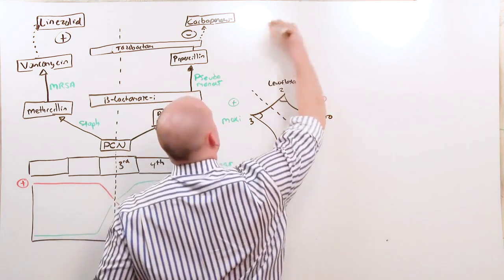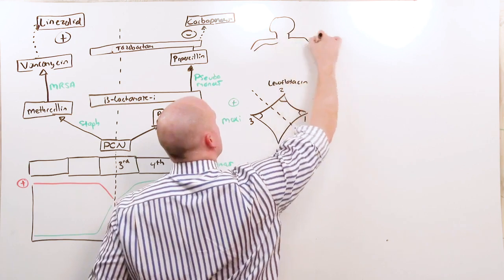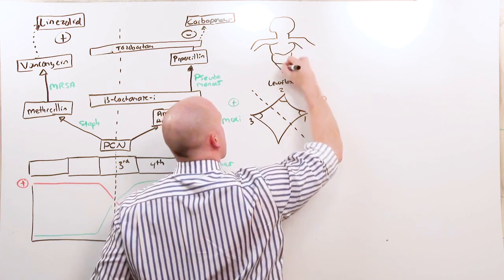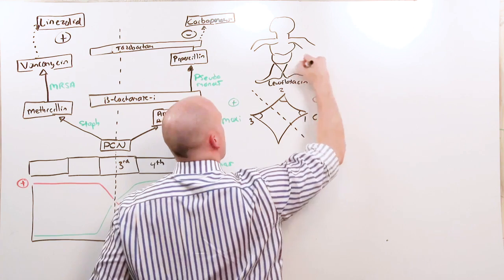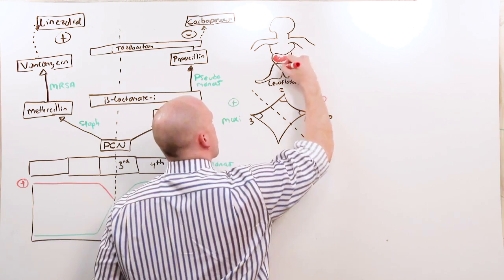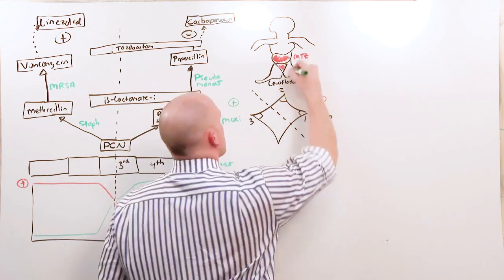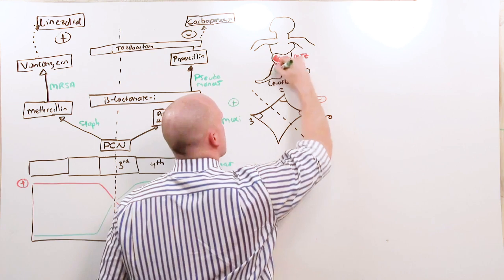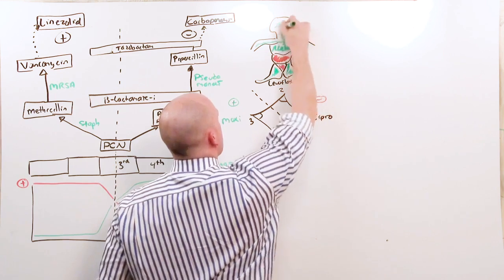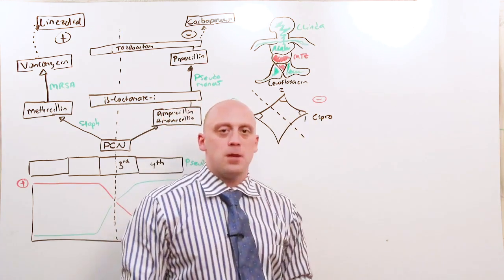Anaerobes you can get with Piptazo, but you sometimes want to be more targeted than that. And this is my advanced organizer for remembering what to use where. You've got two options, metronidazole and clindamycin.